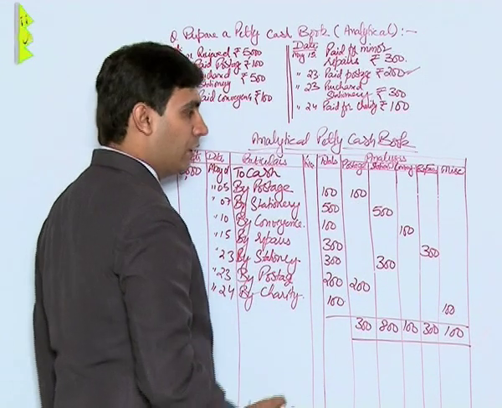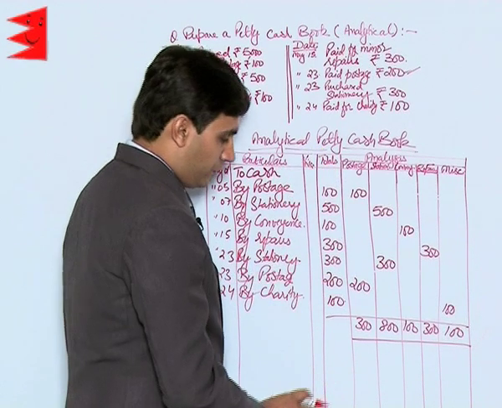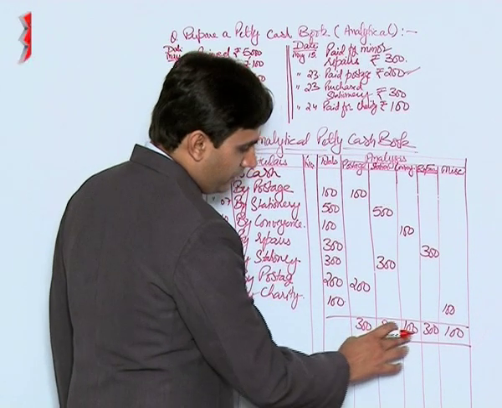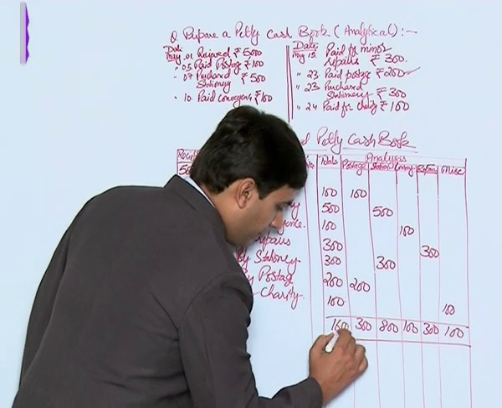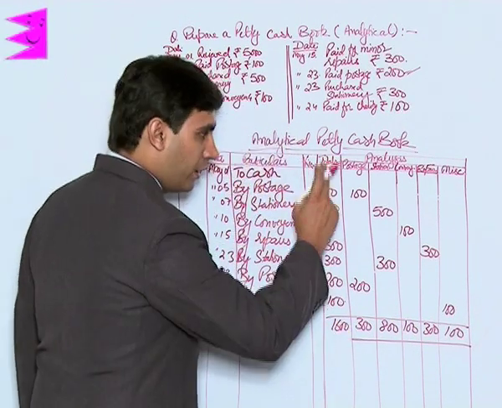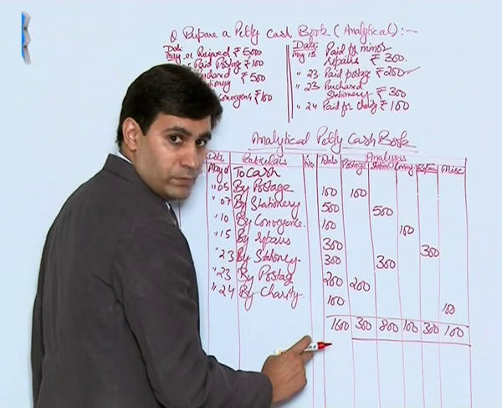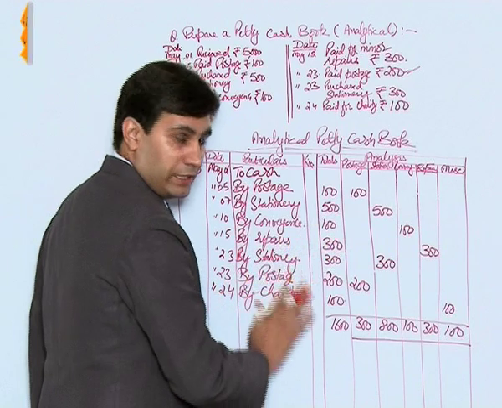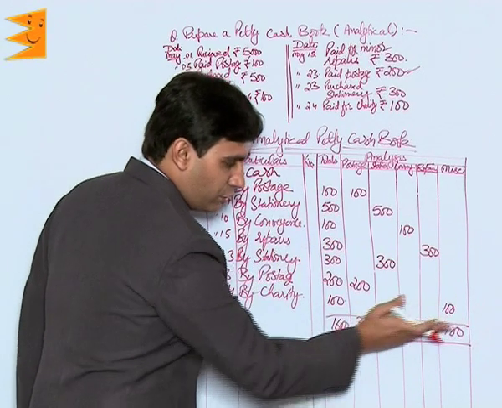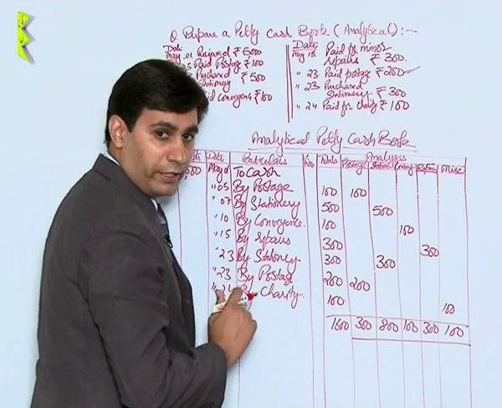Now we should total the totals column as well. Now this total would come to be 1600. Remember, the total of the totals column would be the same if done horizontally as well as vertically. That is, the vertical total and the horizontal total would be 1600.